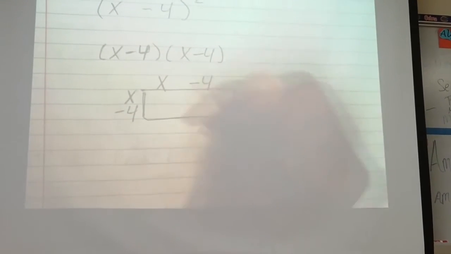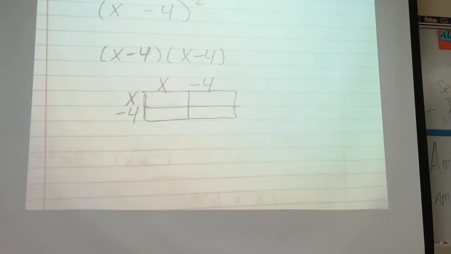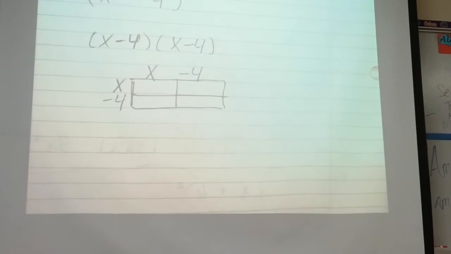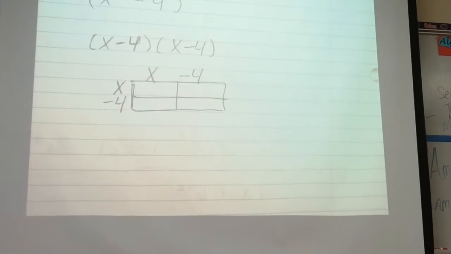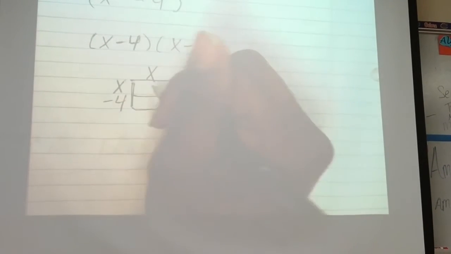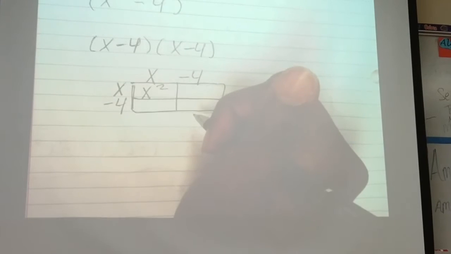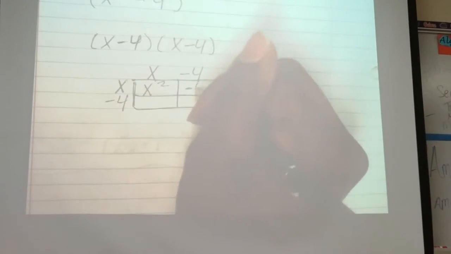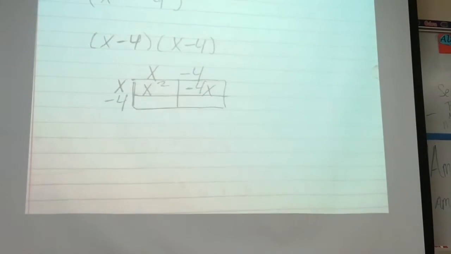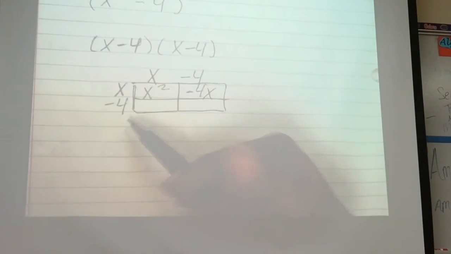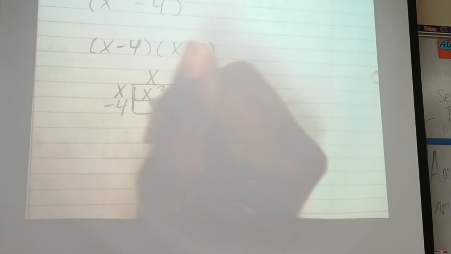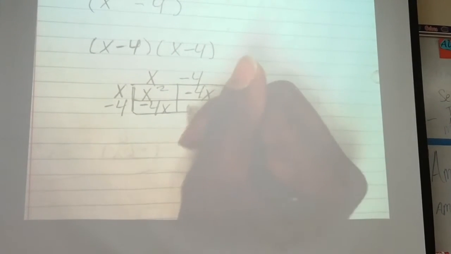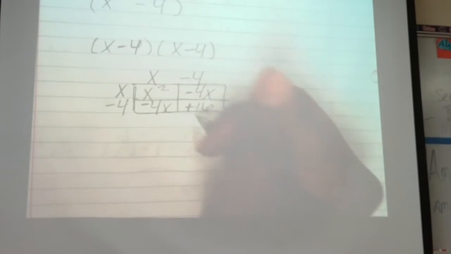All right, then draw your box. So it'll be side times the top, which would be x squared. Side times the top, which is negative 4x. Side times the top, negative 4x. And finally, negative 4 times negative 4, which is positive 16.